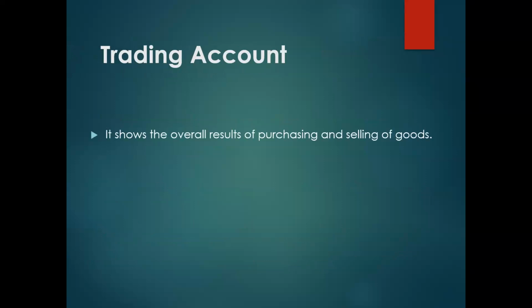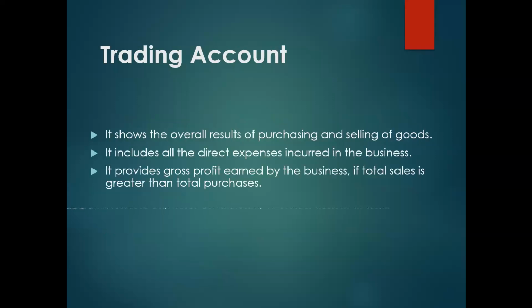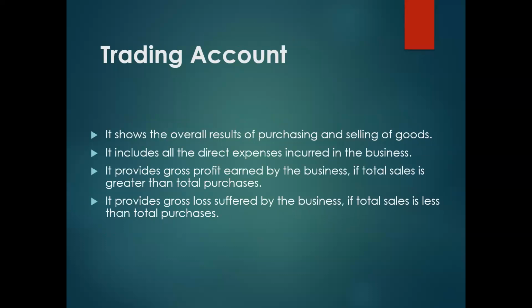So let's start with the trading account. It shows the overall results of purchasing and selling of goods. Trade refers completely to goods, that is, the transaction or interchange of goods between two parties, or between the company and an individual, or company and another company, or company with the agent.